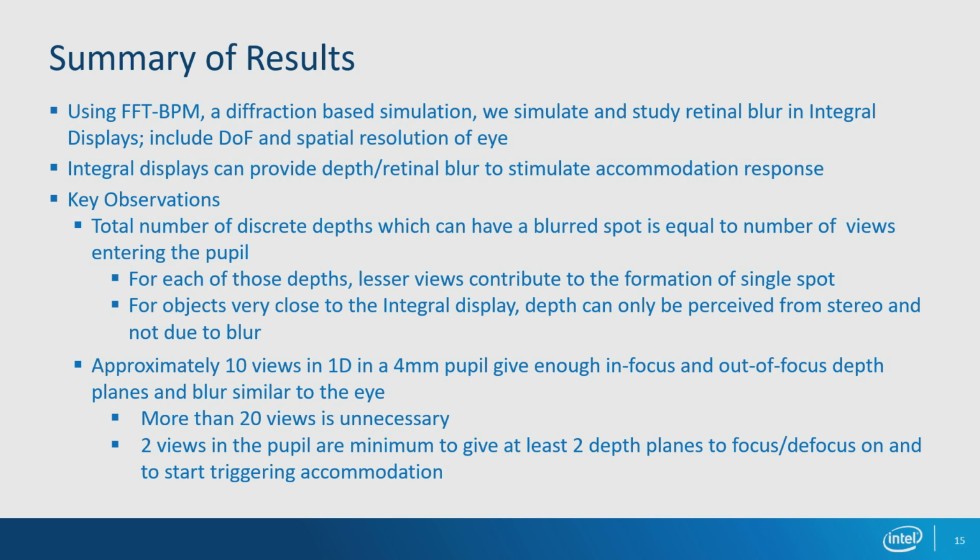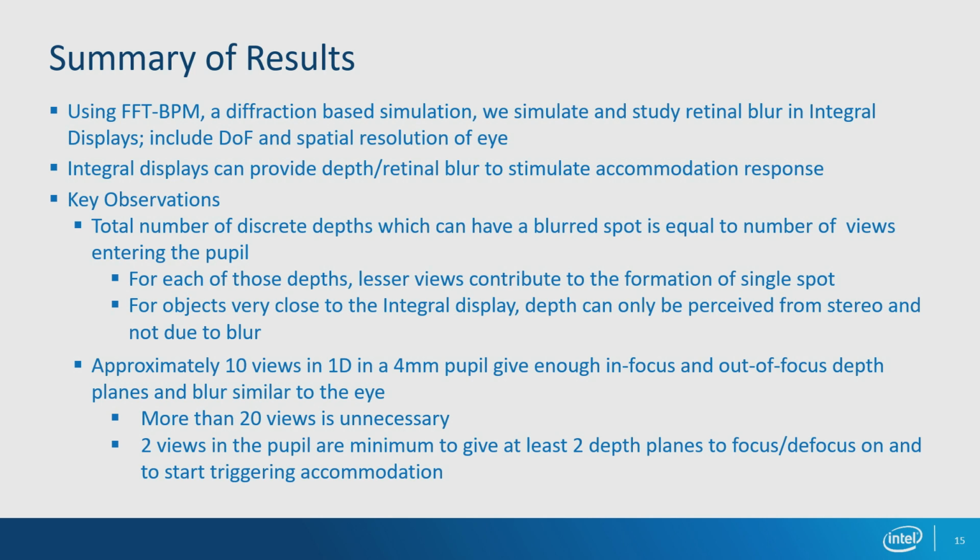So here's a summary of all the results I've found. Using this diffraction-based simulation method and keeping the depth of field of the eye and spatial resolution of the eye in the picture, integral displays theoretically have the ability to provide the accommodation response, or the retinal blur on the eye. The key observation is that the total number of discrete depths which can have a blurred spot is equal to the total number of views entering the pupil.